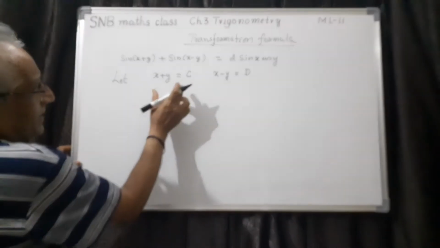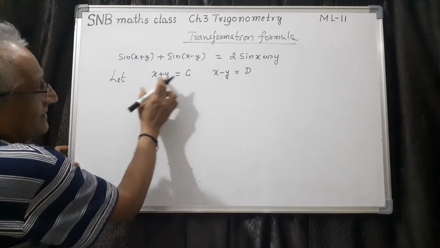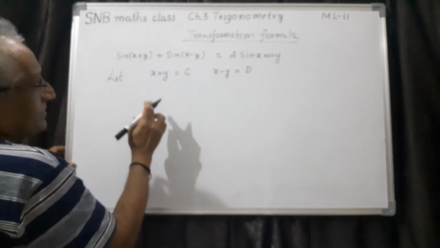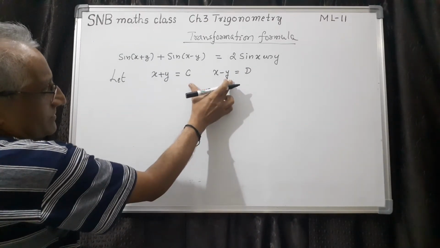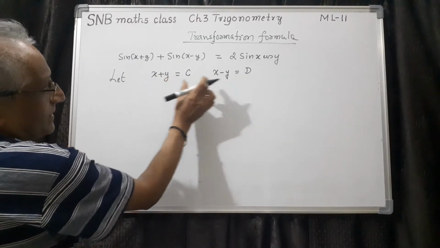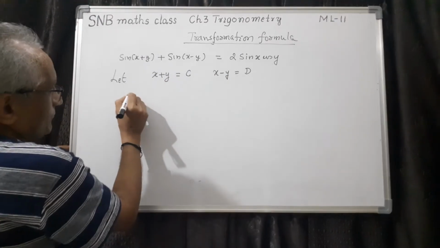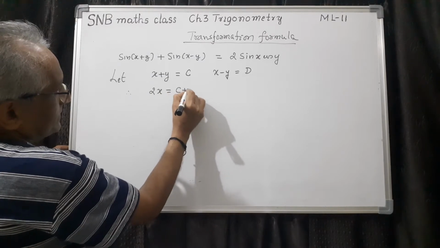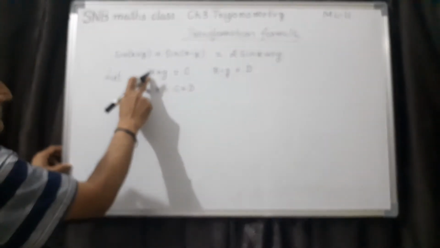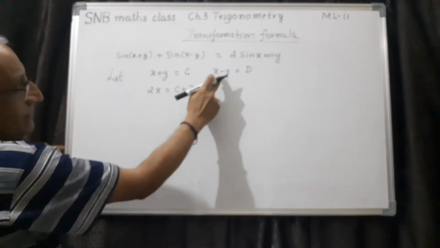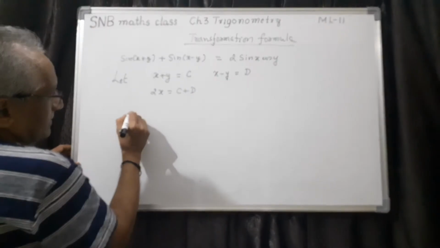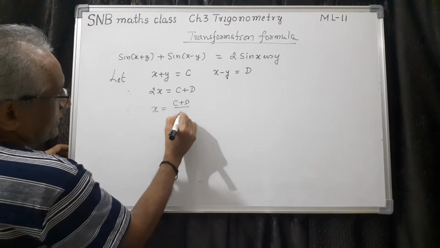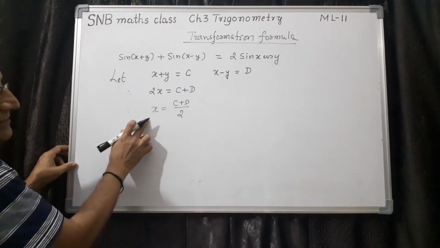Now this becomes C, this becomes D. I want to express x and y also, because here I want to write in terms of C and D. If you add these two, x plus y and x minus y, 2x will be equal to C plus D. You can check: x and x is 2x, y and y cancel. Therefore x will be equal to C plus D by 2.